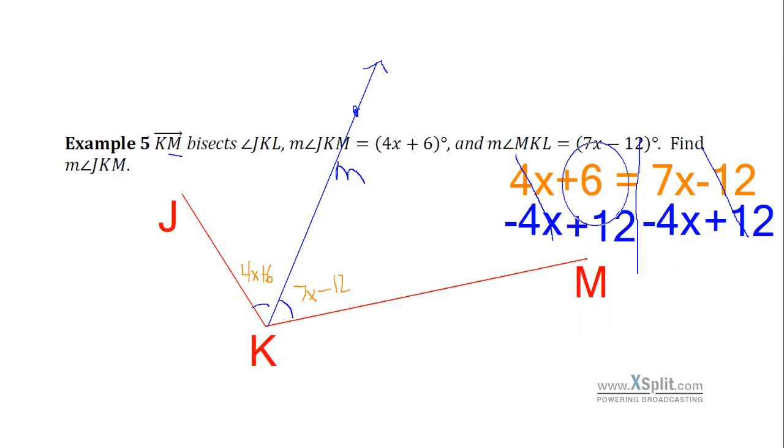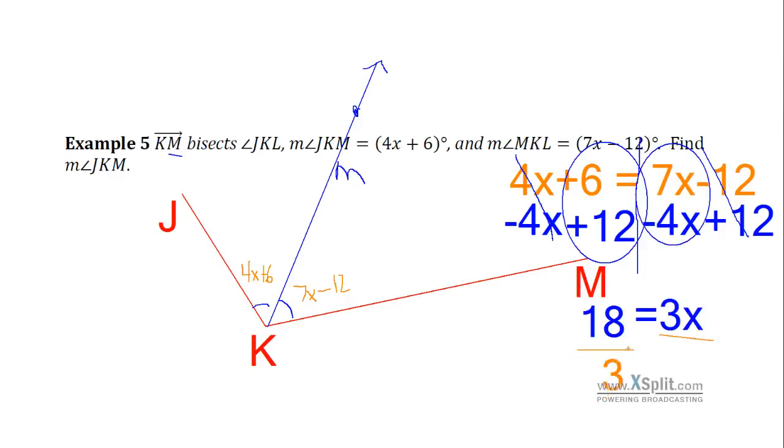On the left side, I have 6 plus 12 remaining, giving me 18. On the right side, I have 7x minus 4x remaining, giving me 3x. If I now divide both sides by 3, I find out that x is going to be 6.